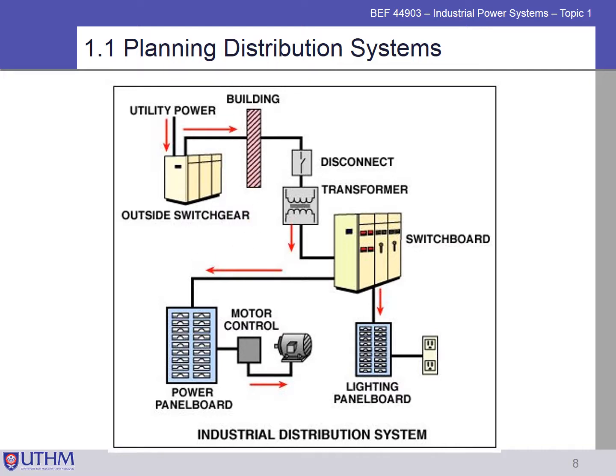Then this connects, inside the building, to the transformer to step down the voltage, and then from the transformer it is connected to the switchboard. From the switchboard there are connections to the motor control and also the lighting panel box.